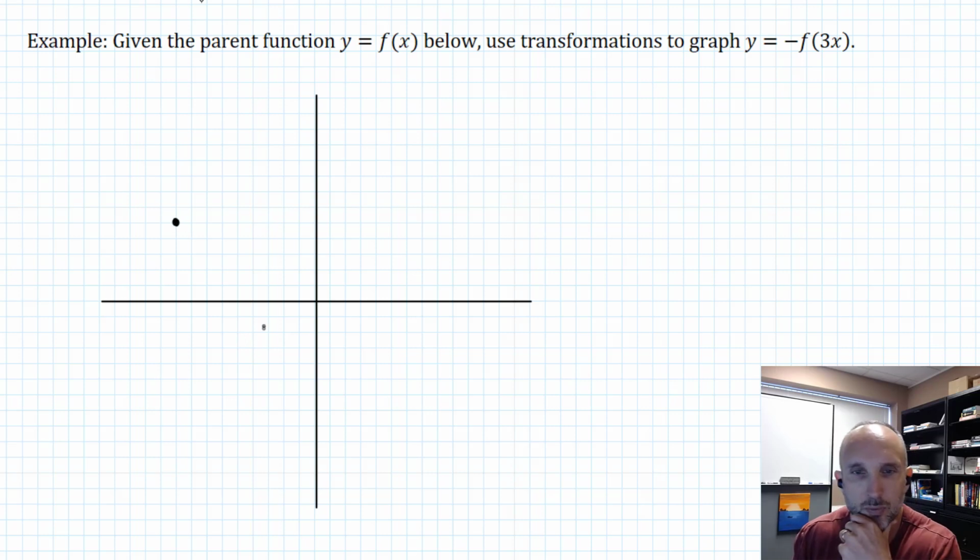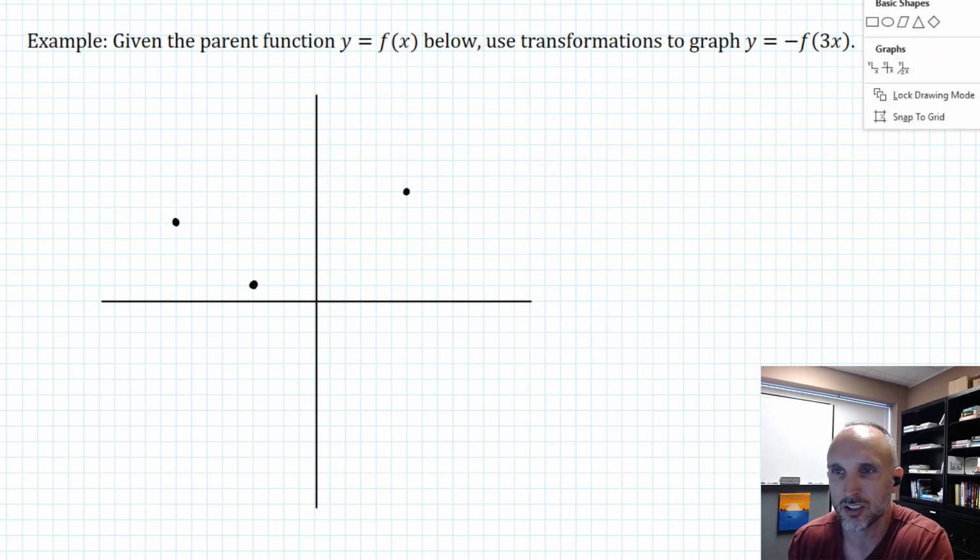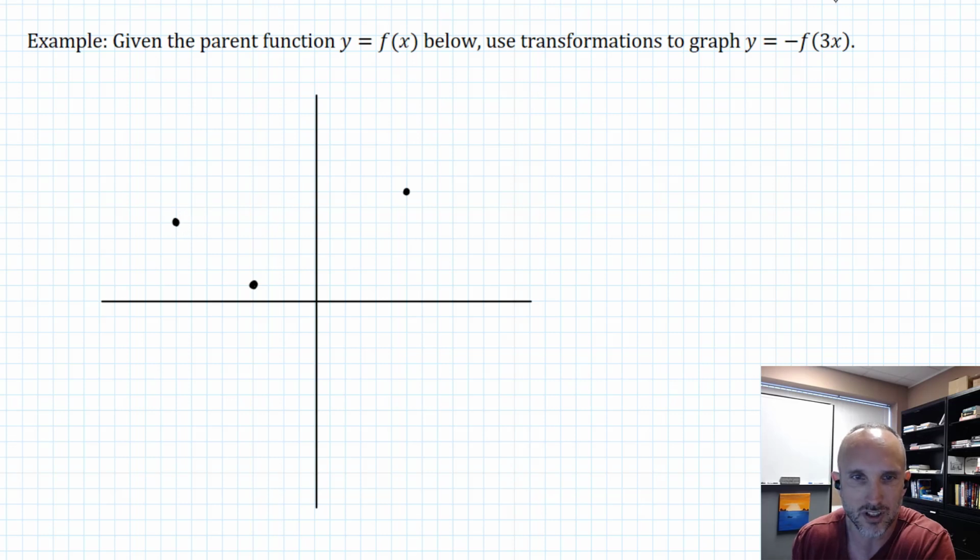Then let's have another point at -4, 1. And let's just do one more point at 6, 7. So 1, 2, 3, 4, 5, 6 to the right, 1, 2, 3, 4, 5, 6, 7 above. And for simplicity, we'll connect those with straight lines, so we don't have to worry about trying to match a curved shape.